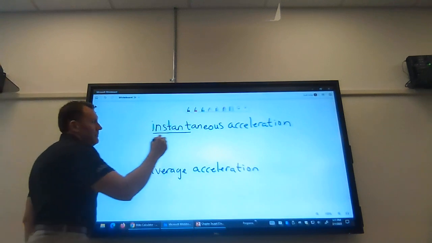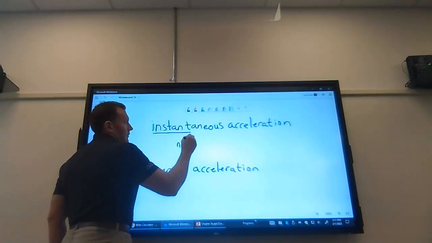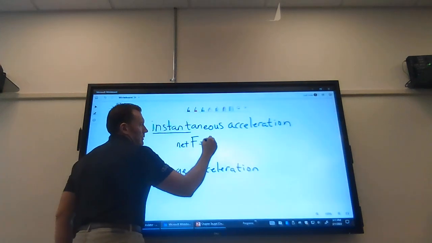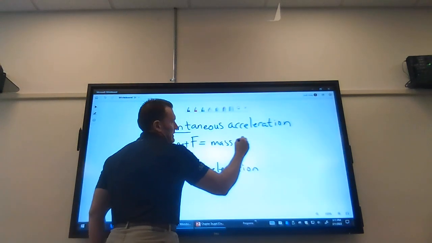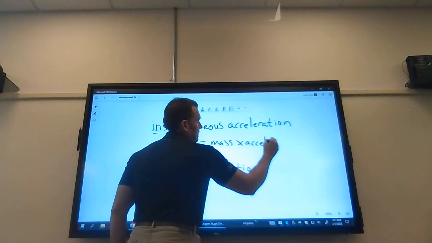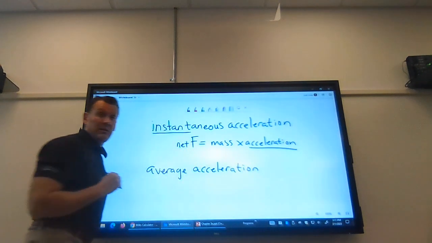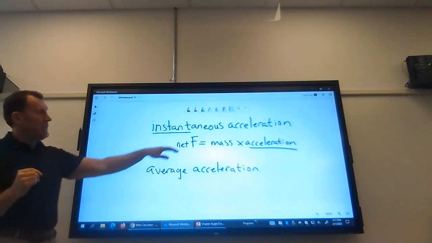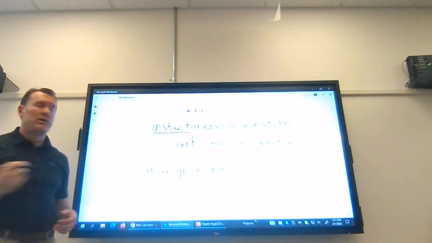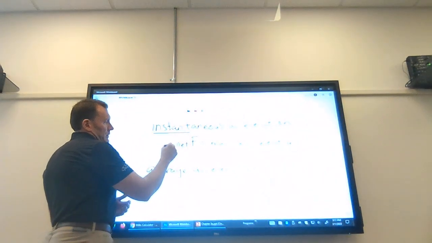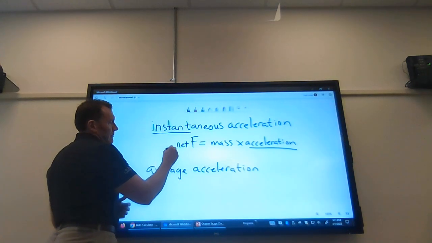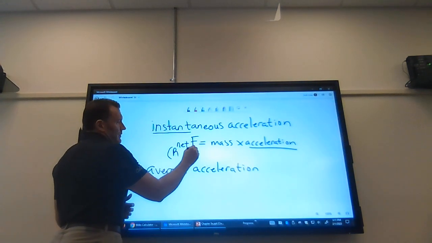So this equation of net force is equal to mass times acceleration, this would be instantaneous acceleration. So at the instant we have a net force. Net force, you're comparing the reactive force versus weight.